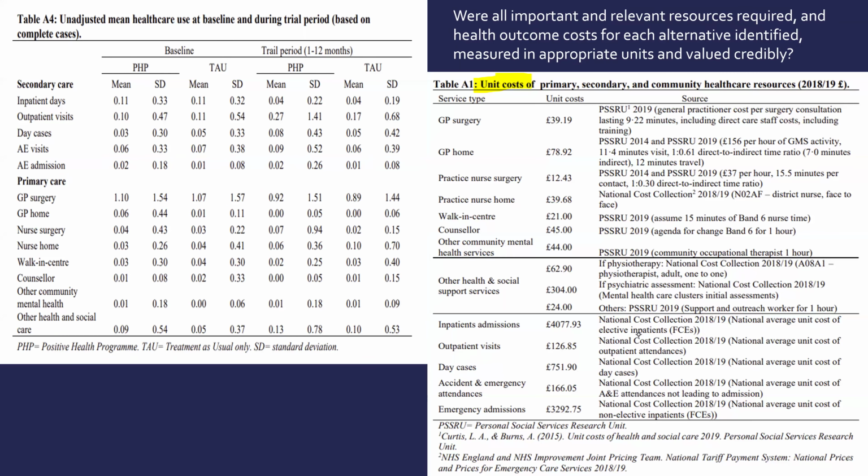The NHS had another database they took the costs from. That is utilization: the mean days of inpatient stay and the cost per inpatient day. This is the mean, and this is the cost per unit.